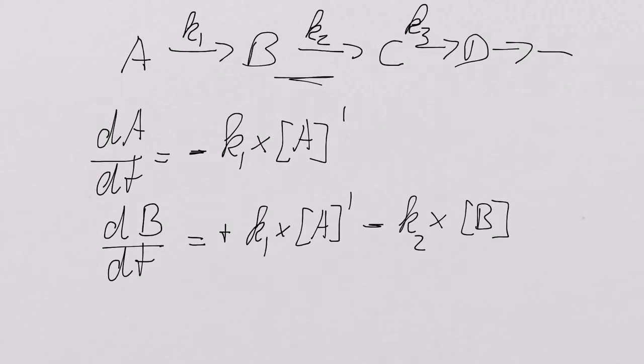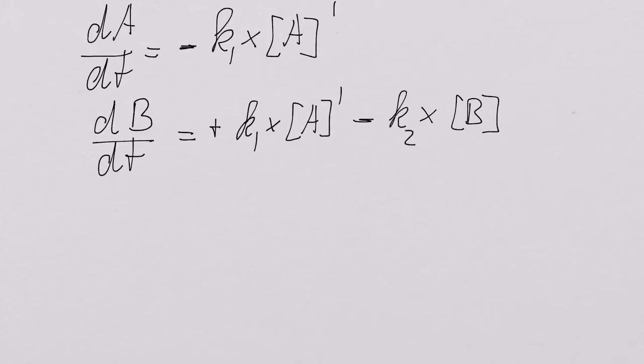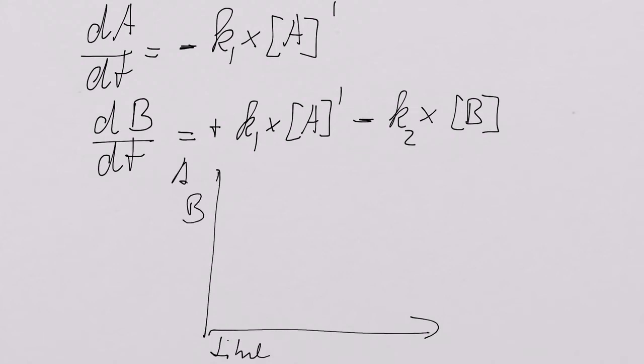How would it look like if we try to draw this? So here we have our time. Here we have A and B. So A is easy, isn't it? It would go down.